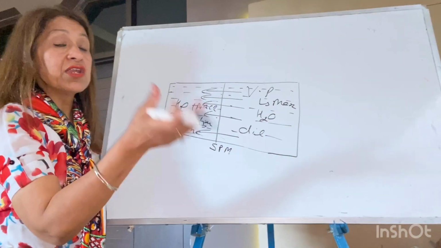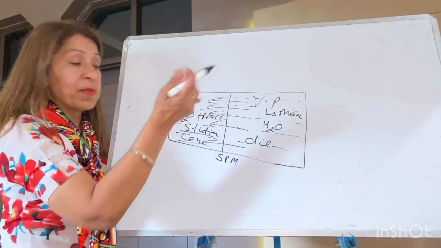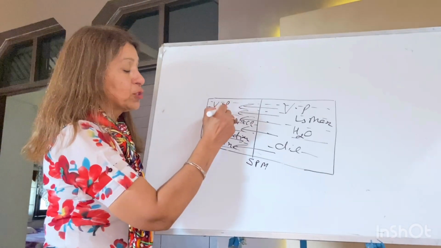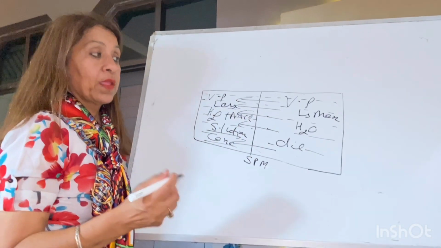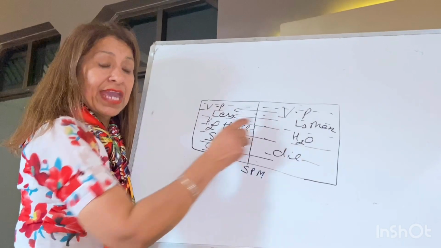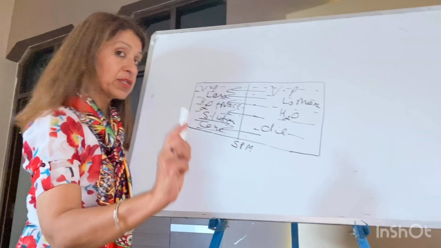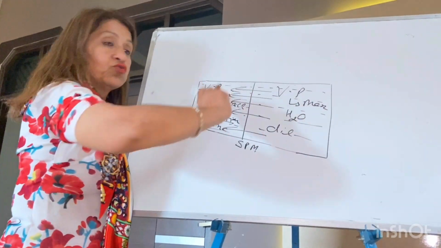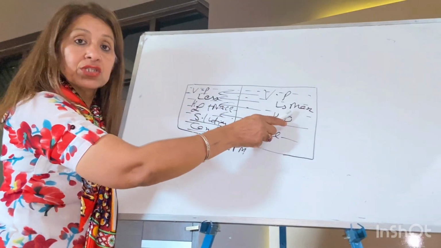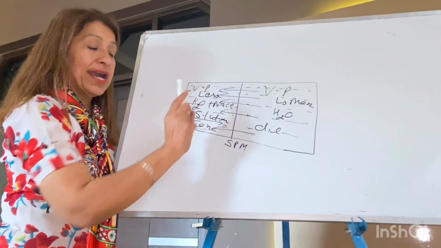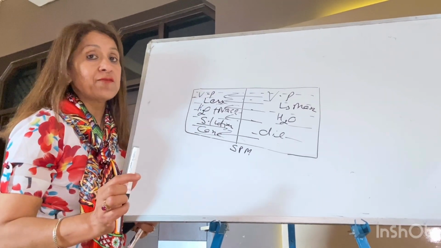That means it decreased the escaping tendency of the vapors. That means on this side vapor pressure is less. So here vapor pressure is more, here vapor pressure is less. To equalize vapor pressure, osmosis takes place from this portion to this portion, from high vapor pressure to low vapor pressure. I think it's a very interesting phenomenon of science.